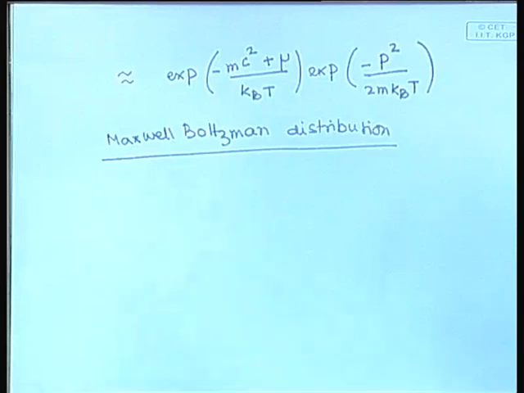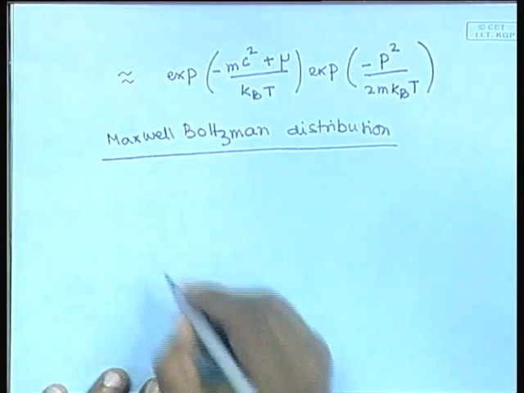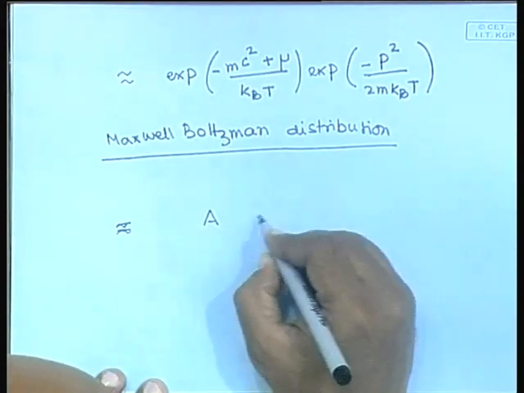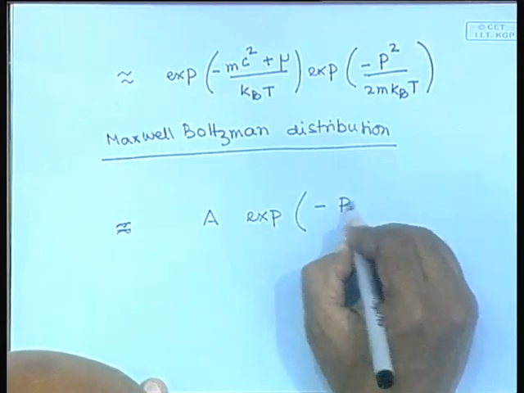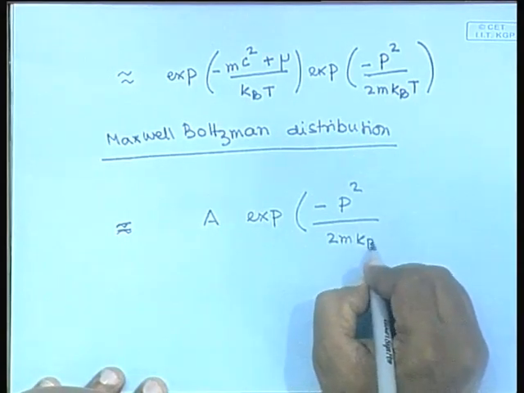So, we can treat this as a constant at a given temperature. So, we can write this as A exponential of minus p square by 2m kBT.